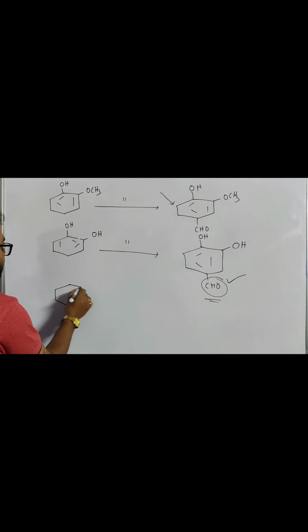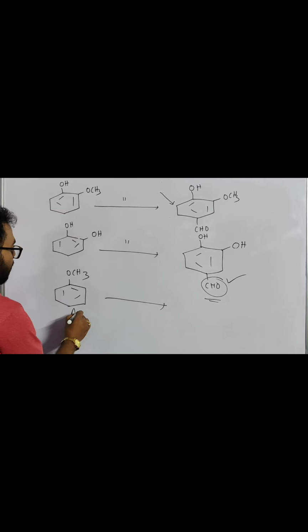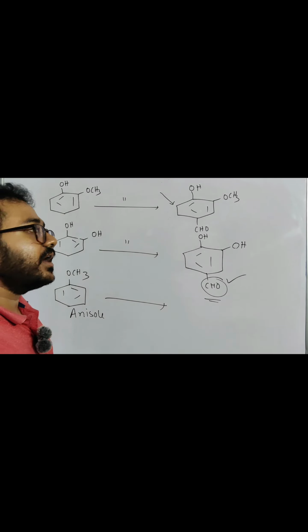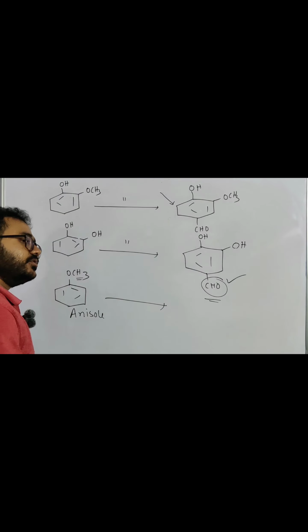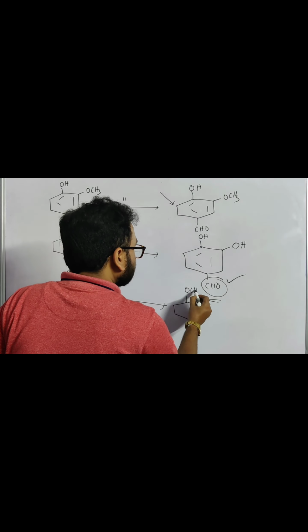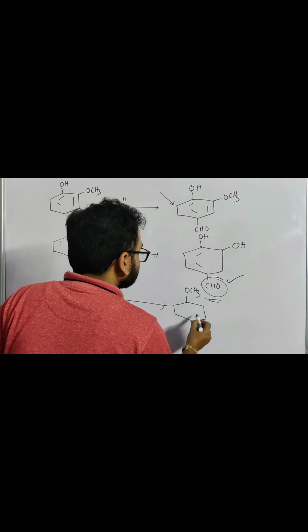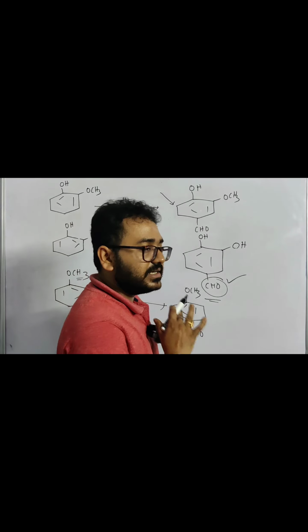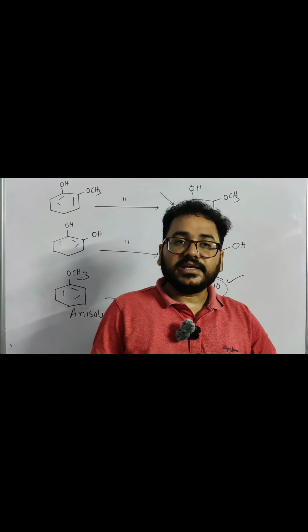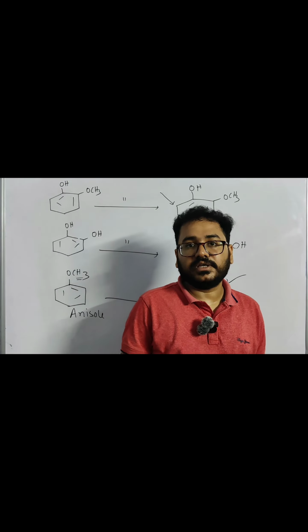Now, what if it reacts with an aprotic solvent-type substrate? In this case, there is no chance of intramolecular hydrogen bonding because there is no hydrogen present. We will get the para product as the major product, because there is no chance of intramolecular hydrogen bonding like the former case, the phenol case.